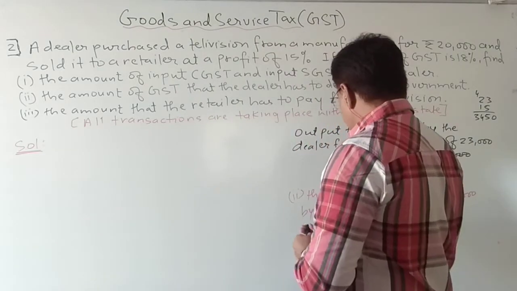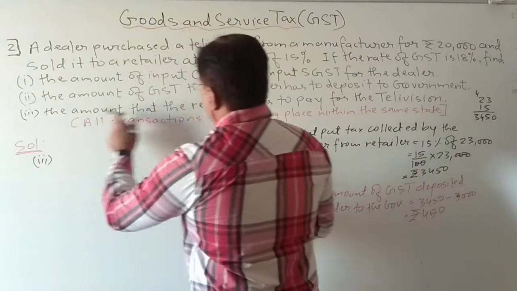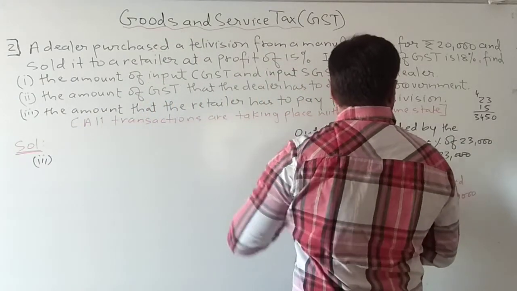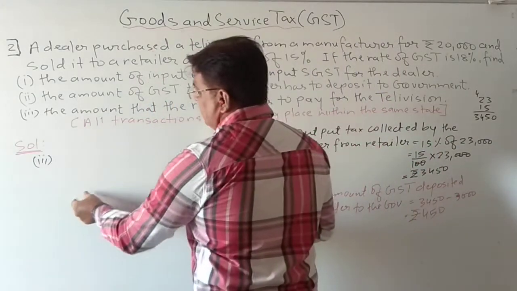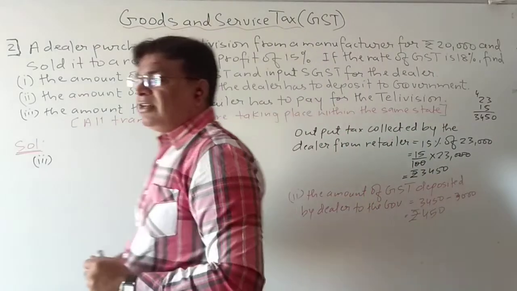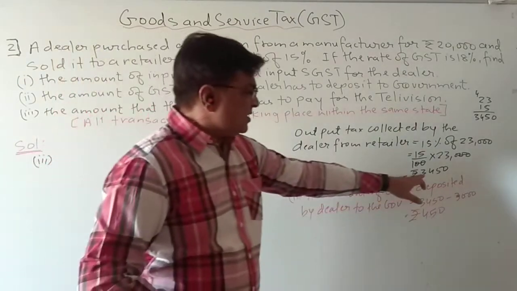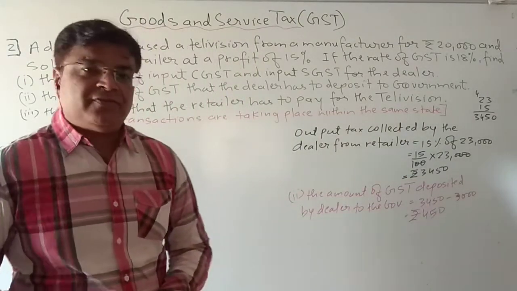Okay. Third thing, I have to find the amount that the retailer has to pay for the television. What was the selling price of the television? It was 23,000. So the retailer will pay 23,000 plus the tax he has paid, that is 3,450.